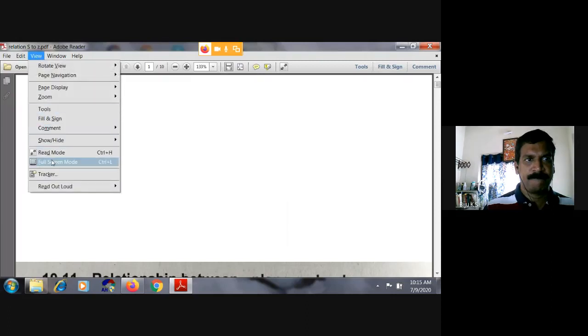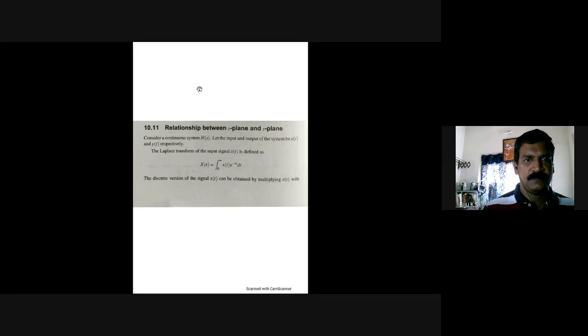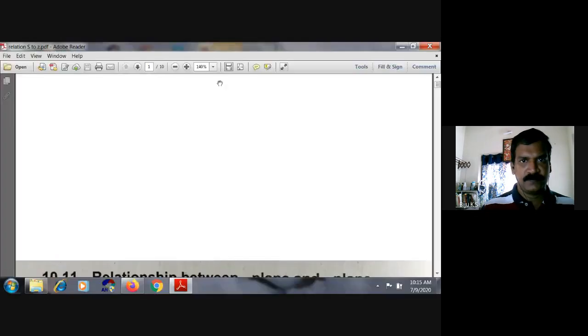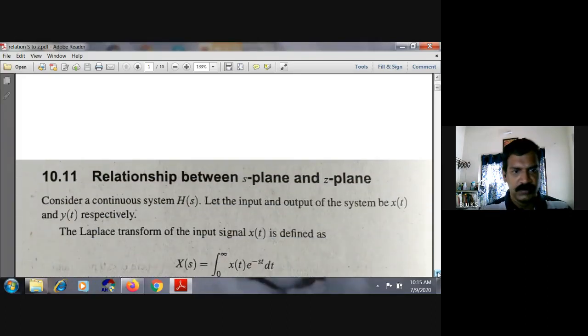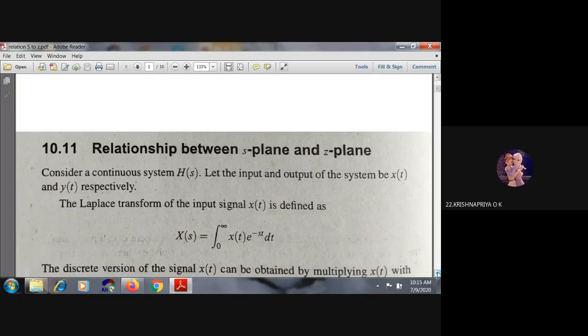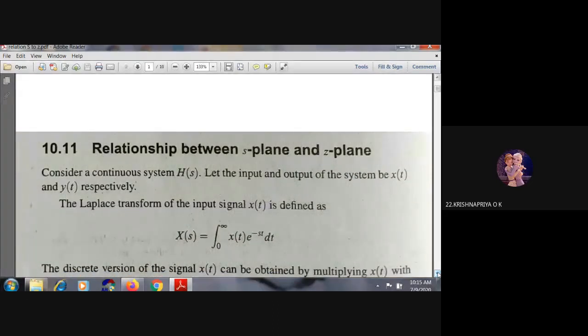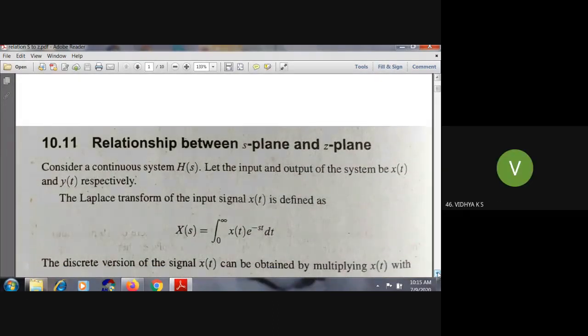Can you see this slide? Hello? Hello? Can you see this slide? Yes, sir. Is it coming through? Hello? Sir, it's coming through. Okay.